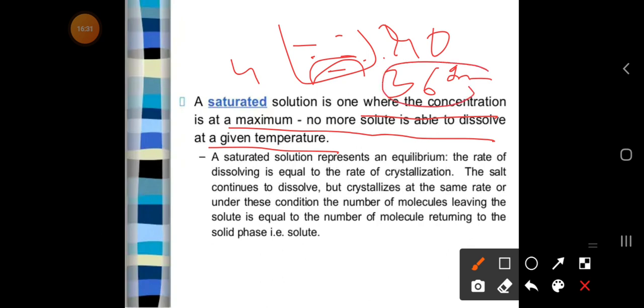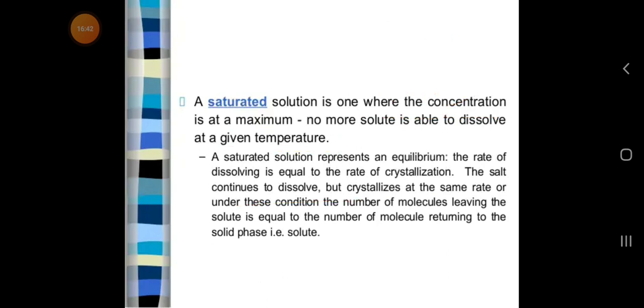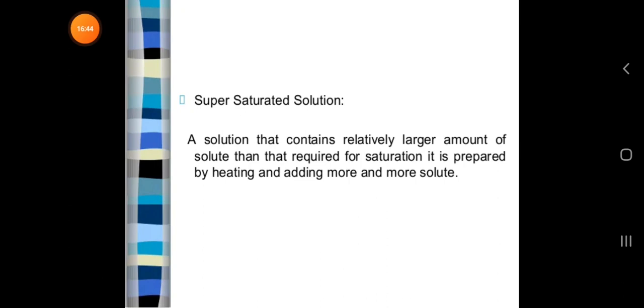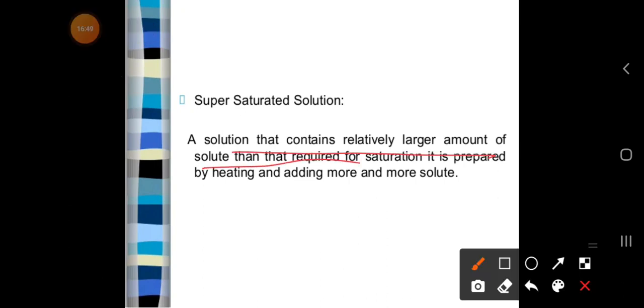Only as much as required is dissolving, and the remaining forms a precipitate. That we call saturated. Then what is a supersaturated solution? A supersaturated solution is a solution that contains a larger amount of solute than required for saturation. By heating, we are able to dissolve more solute.